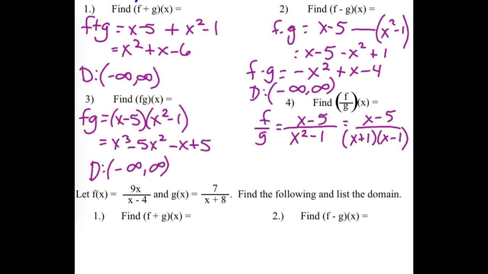So what are the values I cannot use? Positive and negative 1. Okay, so for my domain, I'm going to start at negative infinity. The first number I have to jump over is negative 1. Then I can go from negative 1 to 1, jump over 1, and then keep going.